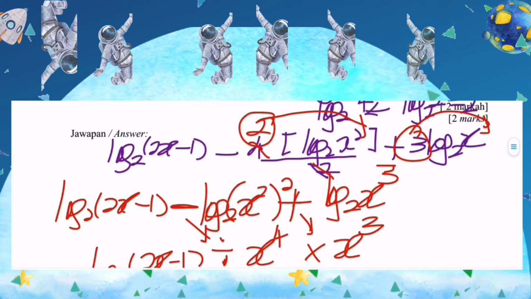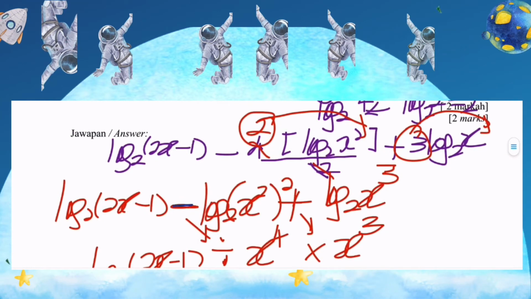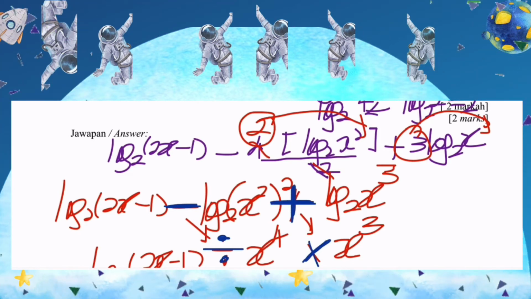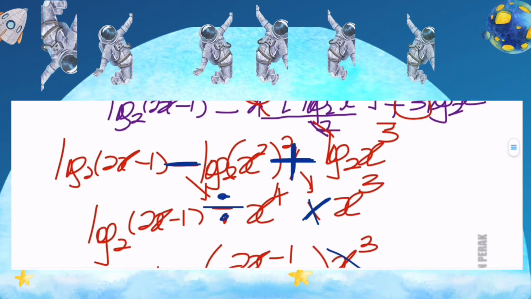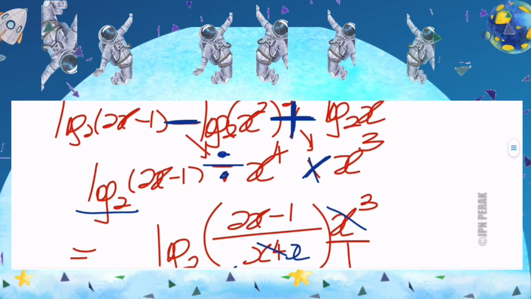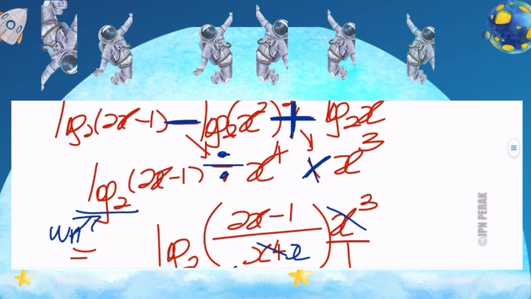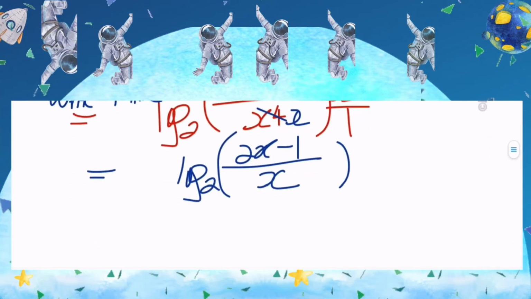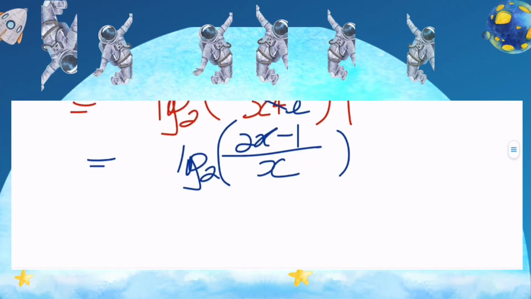We are going to use this simplest expression in solving the logarithm equation in part B. So double check: when there is a minus, we always divide. When there is a plus, we always multiply. But be very careful, the log base 2 is only written once. So this is the answer for part A.